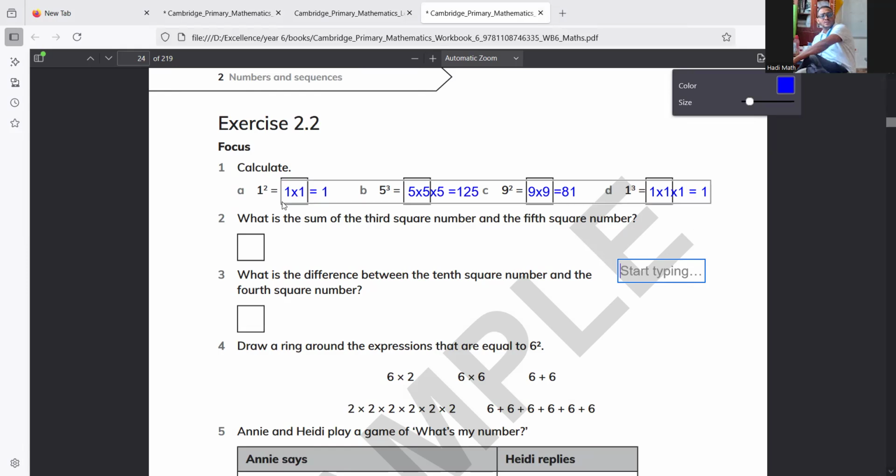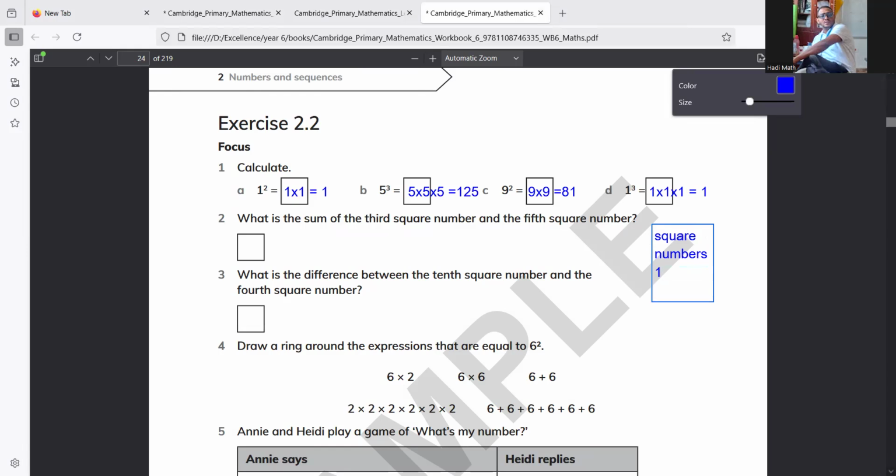Look at question 2. They ask you what is the sum of the third square number and the fifth square number. So please be smart. Please remember, the first square number is 1, because 1 multiply 1 is 1.